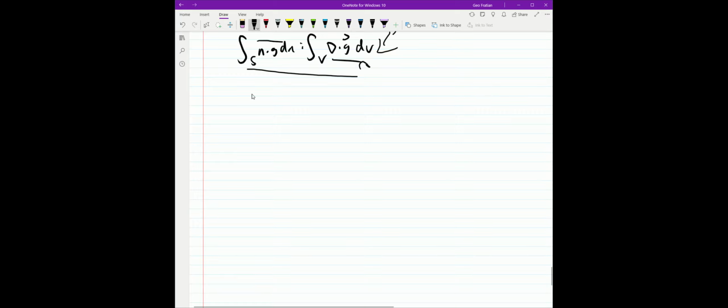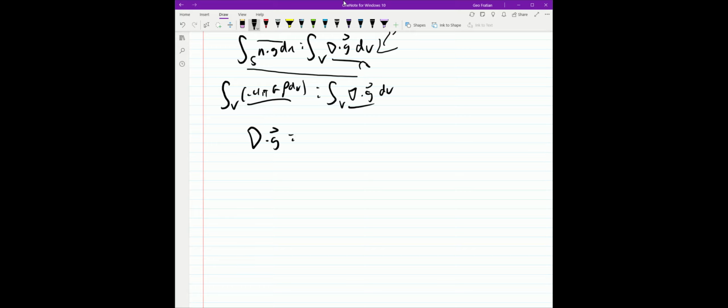That lets us write that the volume integral of negative 4 pi G rho dV has to be equal to the volume integral of the divergence of the gravitational vector. And that means the arguments have to be the same. So the divergence of the gravitational vector is equal to negative 4 pi G rho. Since our surfaces were completely arbitrary, these have to be equal, right?